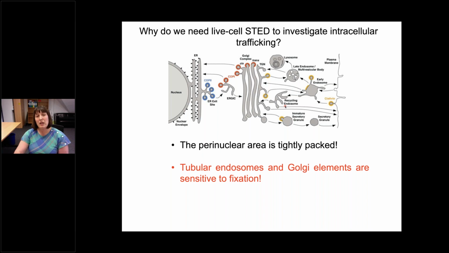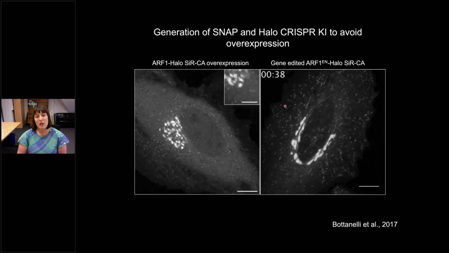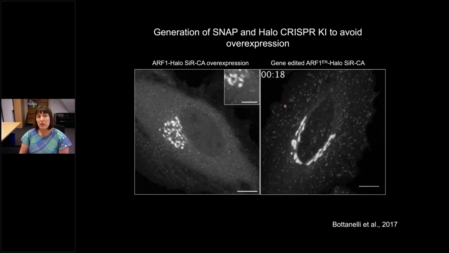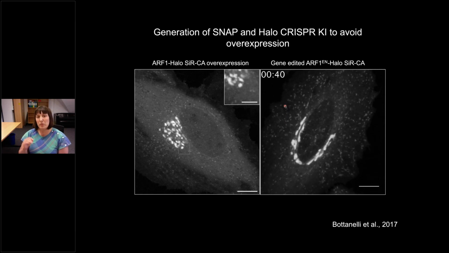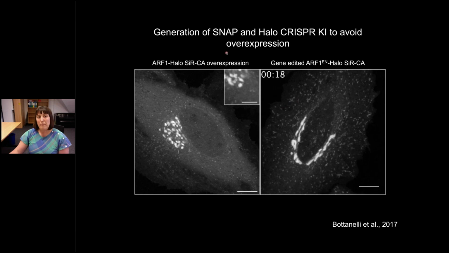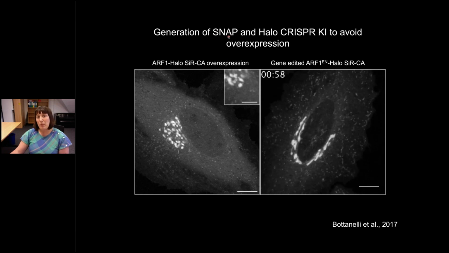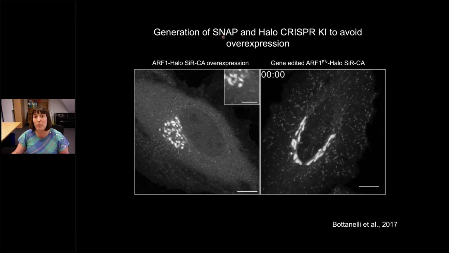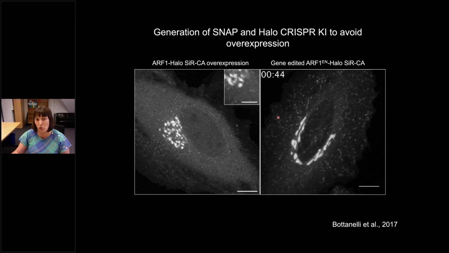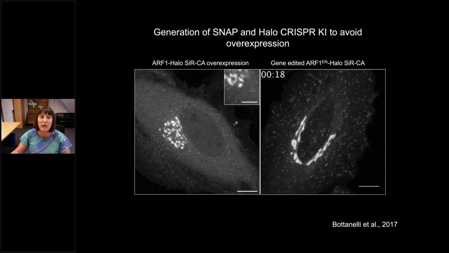Another thing is that we combine live-cell STED together with gene editing tools. We use CRISPR-Cas to tag our proteins of interest directly at the endogenous locus, and this is to avoid overexpression of these very important proteins. I like to show this example because it is very striking.